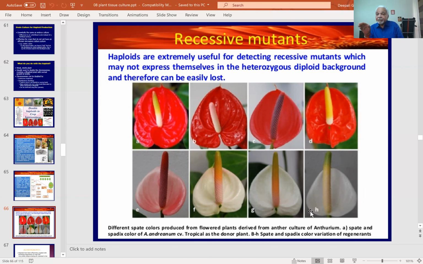Once they get diploidized and homozygosity is achieved, the recessive mutation will also express itself. So that is the advantage of getting homozygosity for a dominant trait as well as for a recessive trait by anther culture and then subsequently diploidizing it.